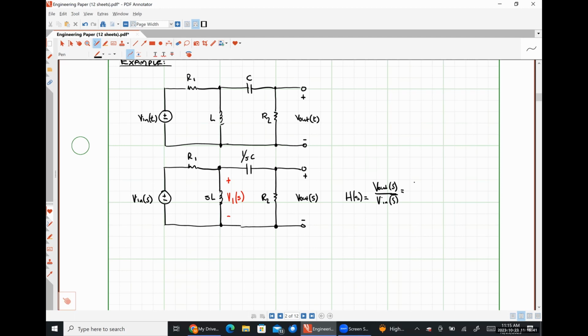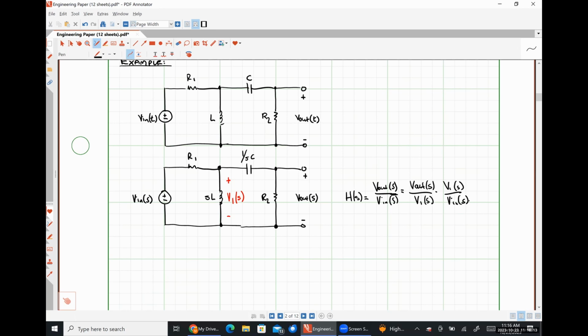So I'm going to say that H of S, equal to Vout over Vin, could be thought of as Vout divided by V1 multiplied by V1 divided by Vin. So I've broken this down into two separate stages that I can figure out my transfer functions for literally just using voltage division rules.